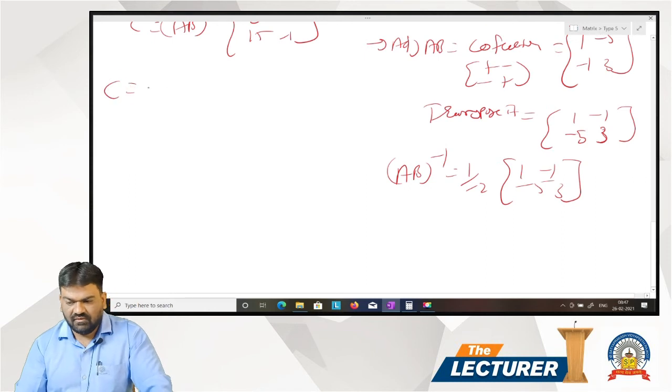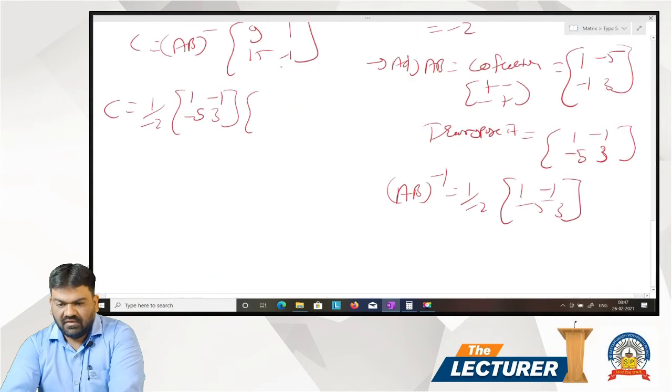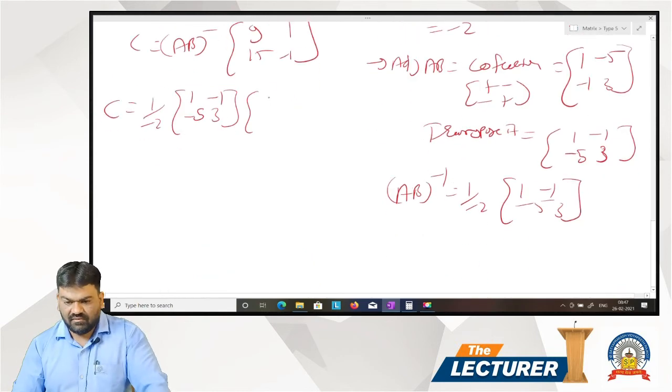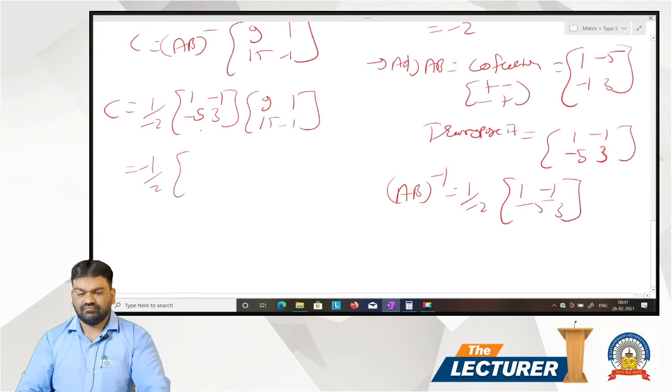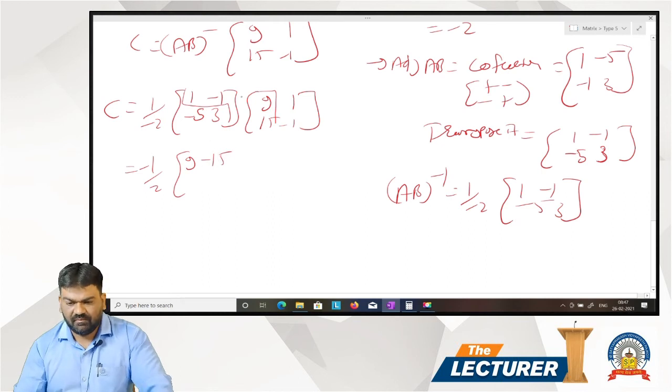So C is equal to 1 by minus 2 [1 -1; -5 3] multiplied by [9 1; 15 -1]. First row, first column: 9 multiplied by 1 is 9, 15 multiplied by minus 1 is minus 15.